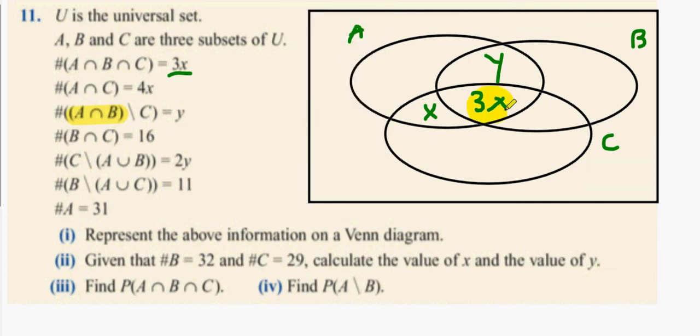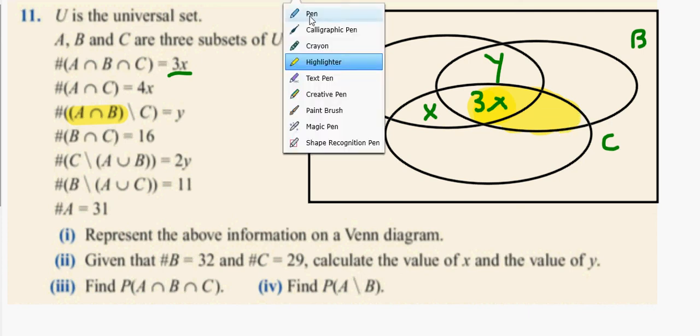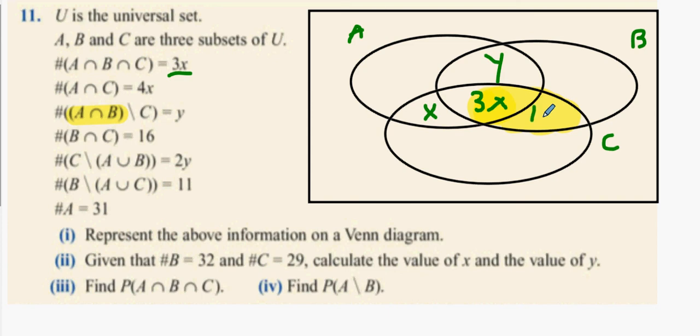So this whole region in here has to add up to 16. So what does that mean? Yeah, that has to be 16 minus 3x. Because when you add both of them together, the answer has to be 16. Okay? We used up all this information already. Okay, that's that part gone.